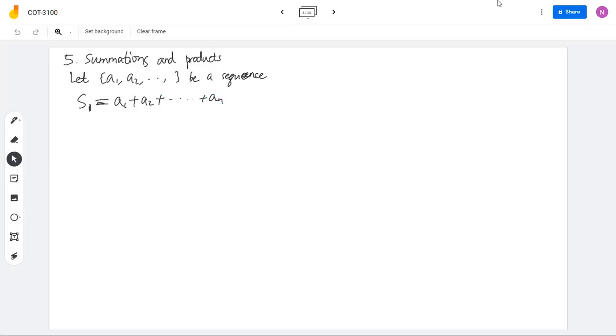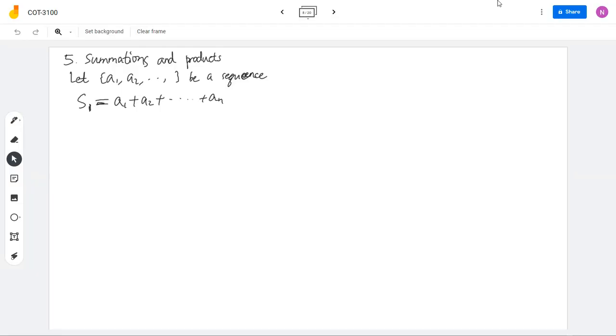For sequences, it's very common that we want to compute the summation. If every time I want to compute the sum I have to write it this way, it's not very convenient. It's cumbersome. So we need a very clean notation for this.